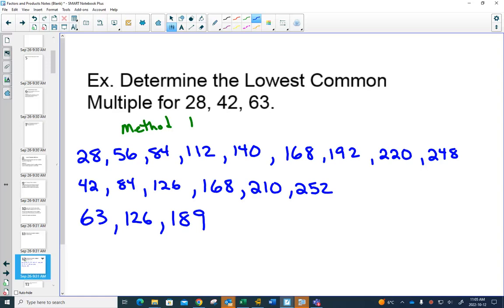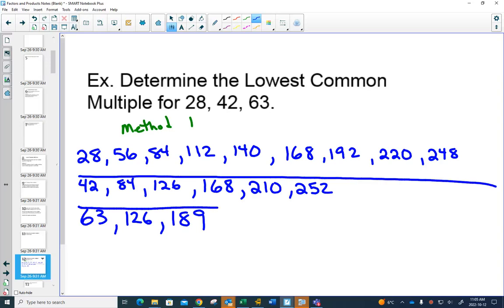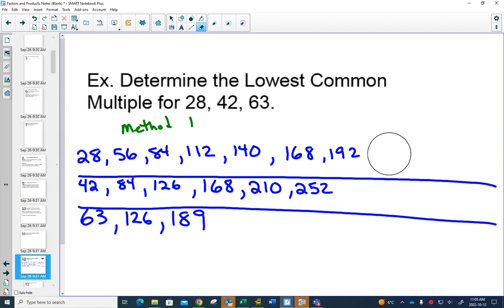Things aren't working out, so add another 28 here would be 196. Oh, and then you make a mistake. Let's erase those.